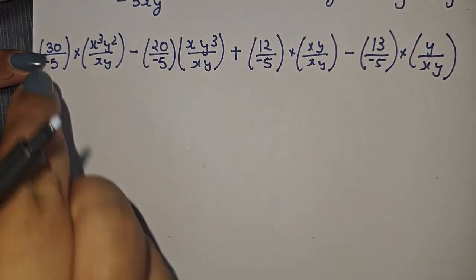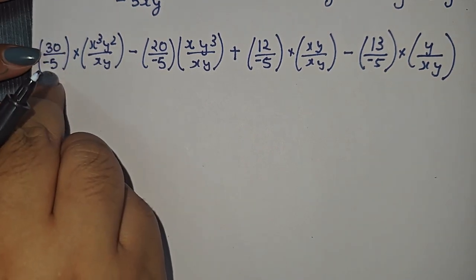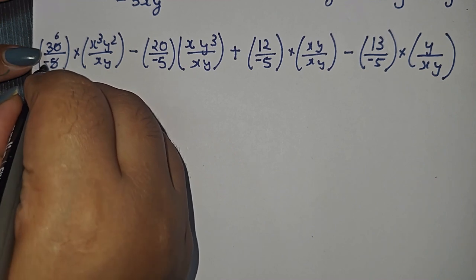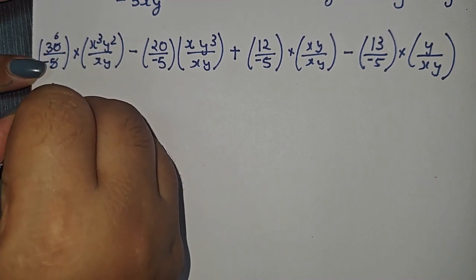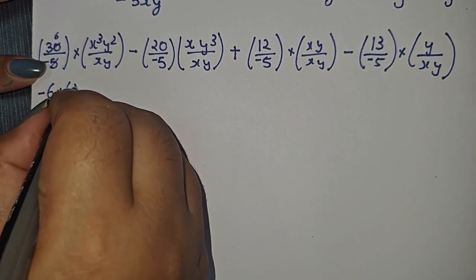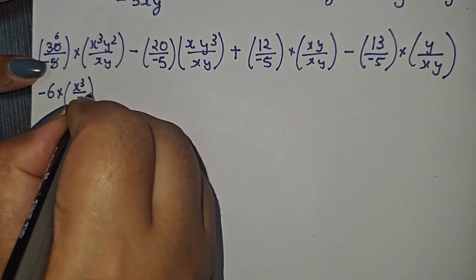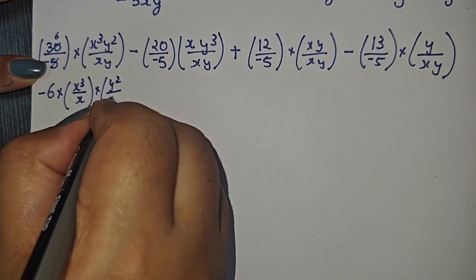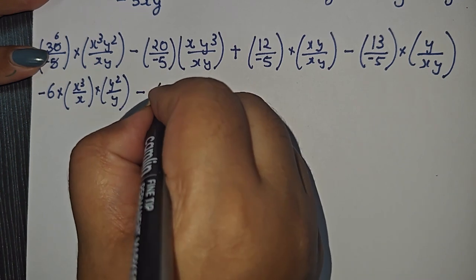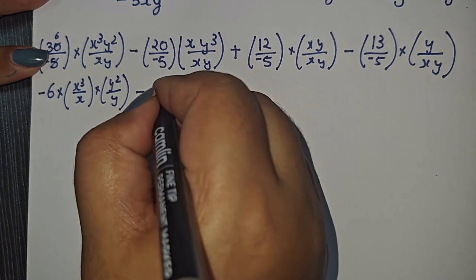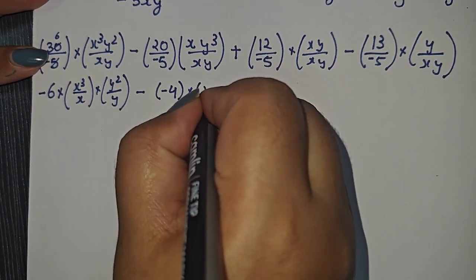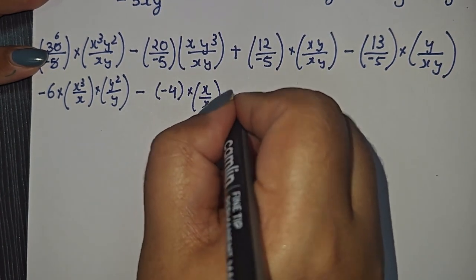Now let's simplify. This one will be 6, so we have a negative sign, so it will be minus 6 here. Okay, now this can be written as x^3 upon x into y^2 by y, minus, as it is in the bracket, we have 4 and 5. Now this can be written as this.